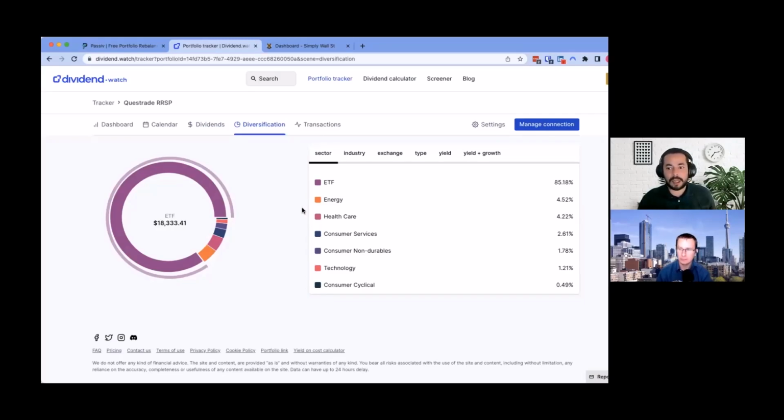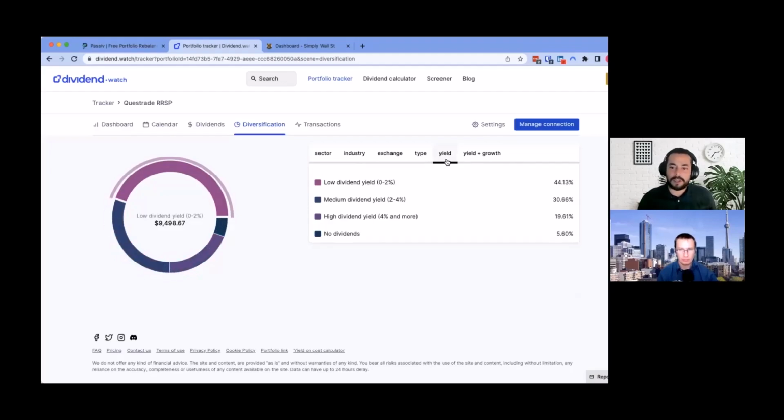But to your point though, they're a lot more robust than Passive. So for example, under their diversification tab, not only do they help you understand how your portfolio is diversified in terms of sector, you can see how this particular portfolio is diversified in terms of yield.